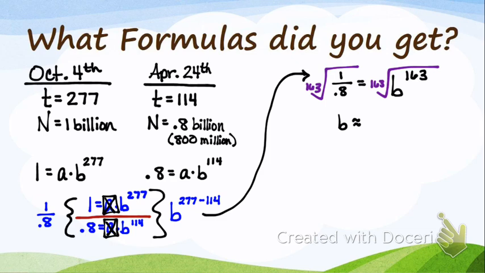We're doing 1 divided by 0.8 under the radical. Okay, I got 1.05. Let me see what I got.